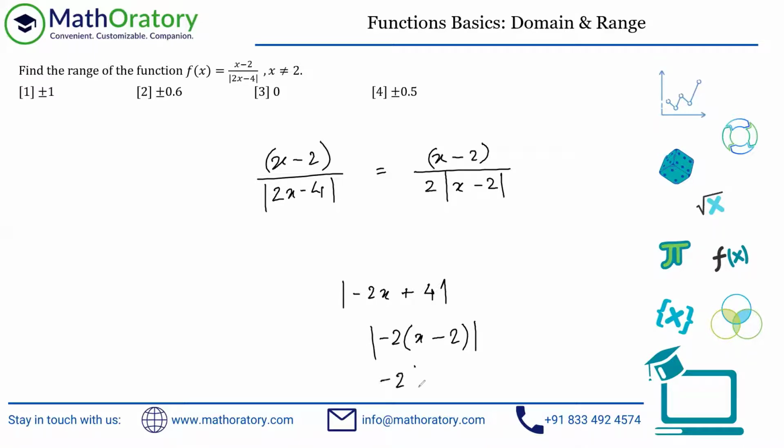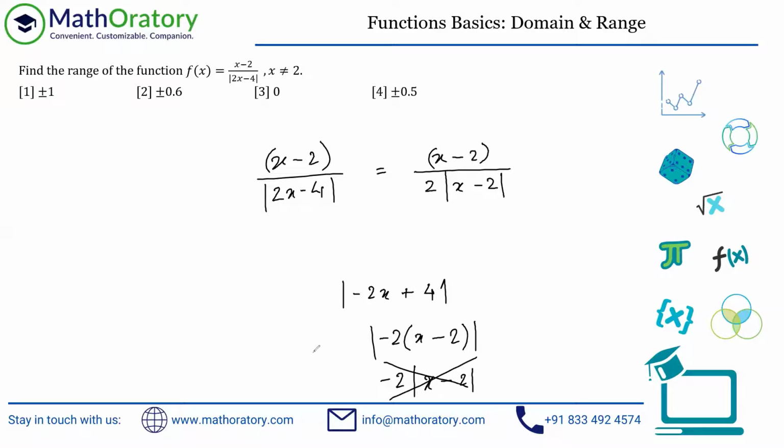If you take this minus 2 common, now this thing is going to be incorrect. That is not possible because what you have to understand is mod of x minus 2 will always be non-negative. And if you multiply a minus 2 to that, you're going to get a negative value. Now, originally you had a whole mod, and the whole mod can never return a negative output. So you cannot have this as the answer. So this is incorrect, basically.